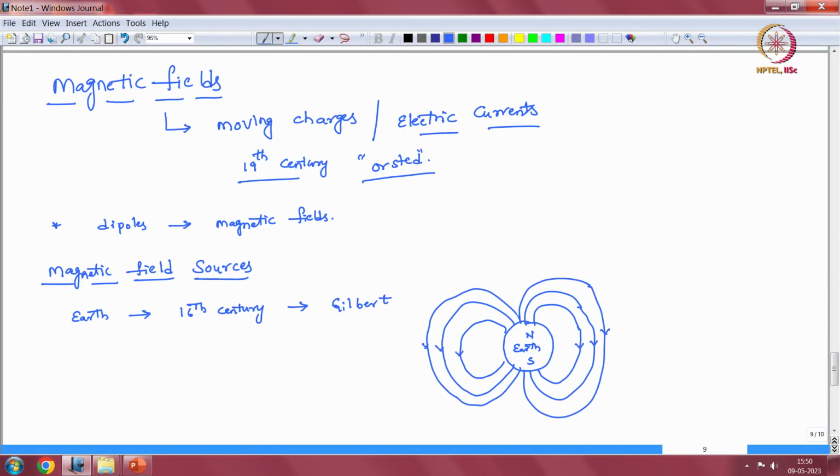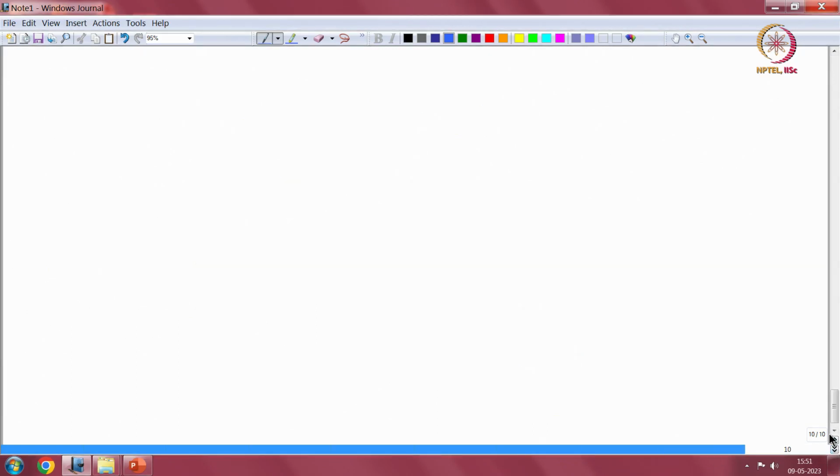And the magnetic field lines will not intersect each other. This is magnetic field source 1.